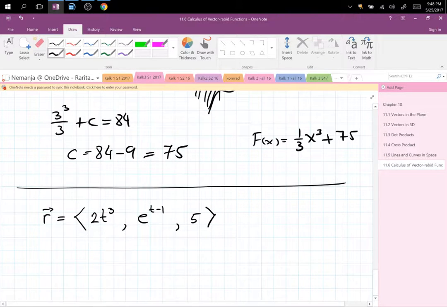And you are also given that r of 1 is (6, 0, 2).